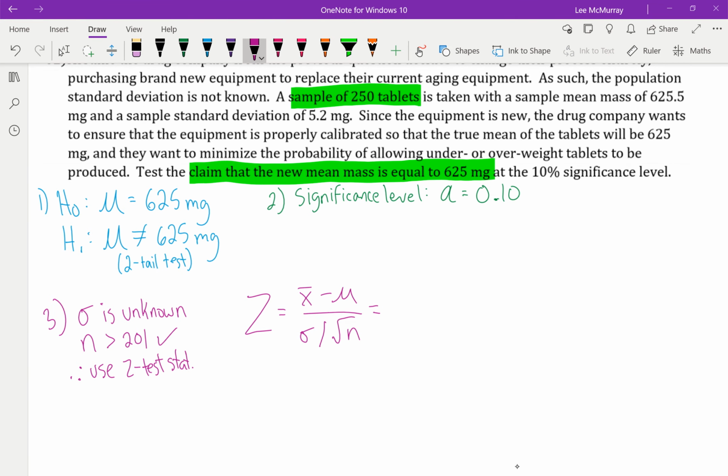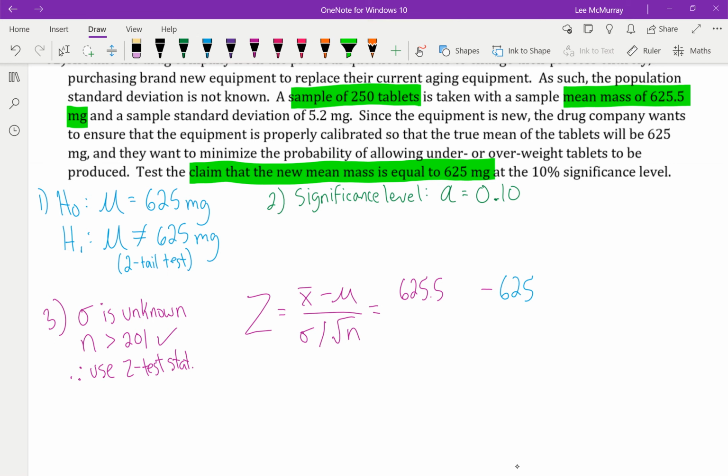So we had a sample of 250 tablets, and they had a sample mean mass of 625.5 milligrams. Okay, so 625.5 milligrams. And we are going to subtract our mu, which is from our H0 and H1 statements, so our 625 from the claim statement.